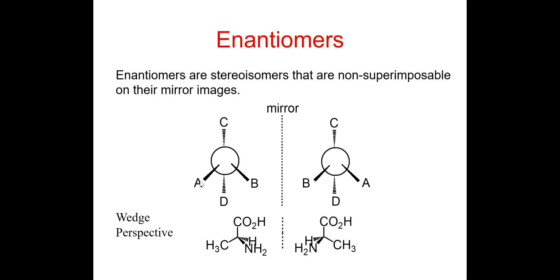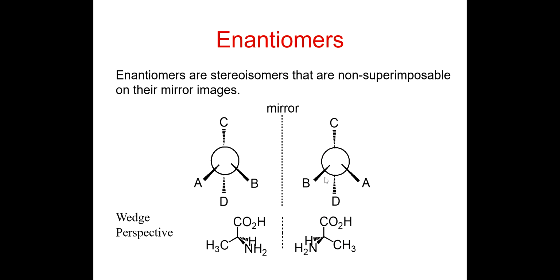However, the A toward us is aligned with B, while this B group is aligned with A, so they cannot be superimposed. These are called enantiomers, right? They are stereoisomers that are non-superimposable on their mirror images.